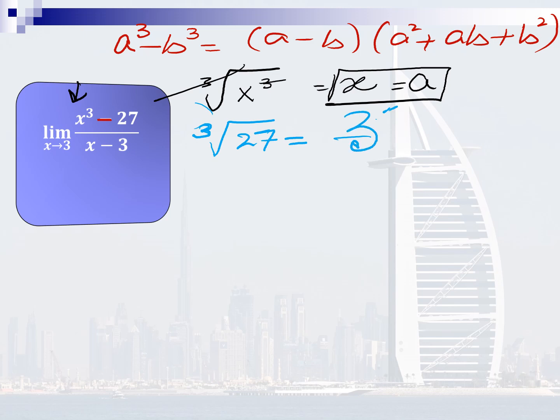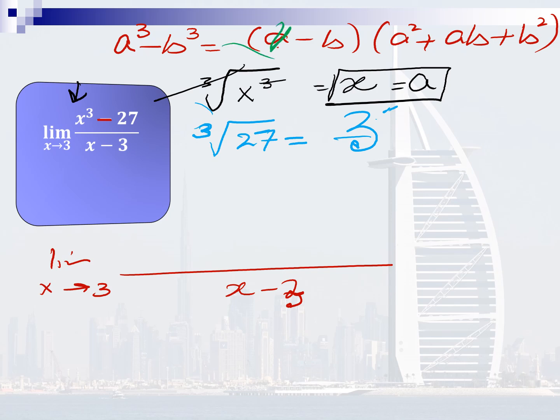Now what do we have to do? I told you to simply replace a by x and b by 3. So let's try here. Limit x approaches 3. The denominator is a linear function, so write it as it is. So a is what? x.